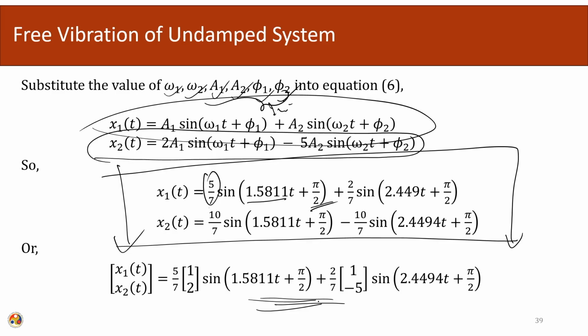From there we calculated all the unknowns: the frequencies, the amplitude, and the phase lag. From there we were able to write down the equations for the motion of this system for the chosen degrees of freedom in matrix form. So, this is the complete step by step of how we solved for the 2 degree of freedom system.